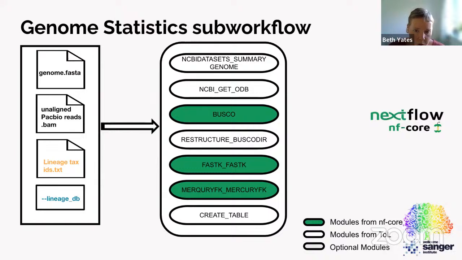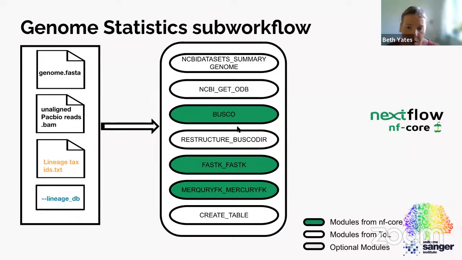And then we run Busco, which gives us an idea of the completeness of the assembly, and gives us scores for gene counts. That is one of the steps that takes the longest time within the pipeline.